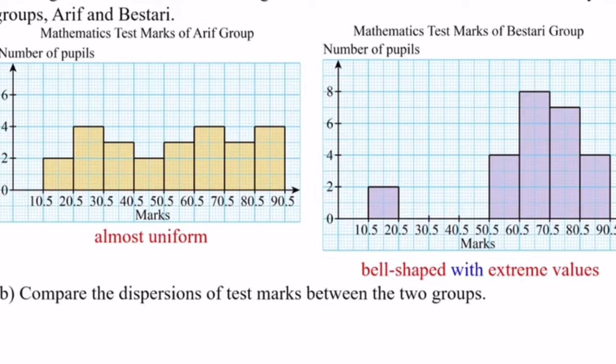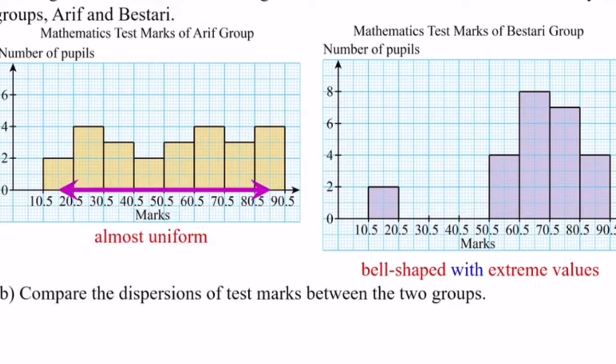Basically, dispersion is how the data, or how the marks, change from lower to higher marks. So normally we will focus on the range of the marks, you see.